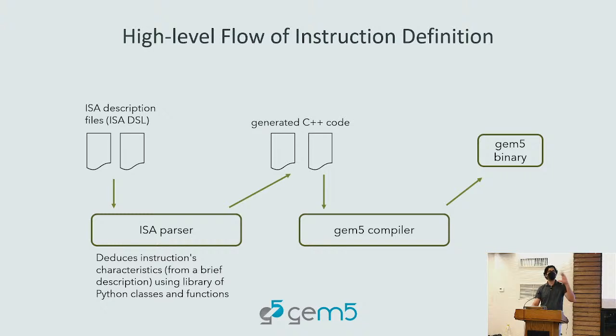And apart from what you specified, it also deduces a lot of other information dependent on the specifications you have, some of the information that is implied by those specifications. And then it generates some C++ code, basically, which then the gem5 compiler uses along with the other gem5 source to create the gem5 binary, and then you can just run it for your ISA. And if you added a new instruction, this binary will have your new instruction. Does that make sense? Any questions? No? OK.